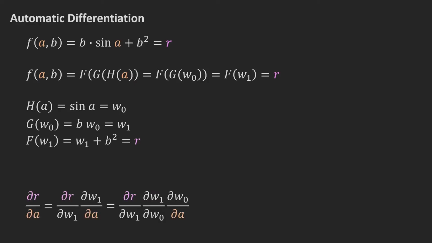Now we can apply the chain rule to find the partial derivative with respect to a. And we can see that it's expanded to different levels of intermediate derivatives. The final result becomes the multiplication of the partial derivative of w0 with respect to a, corresponding to the function h here, and then w1 with respect to w0, which corresponds to the function g.